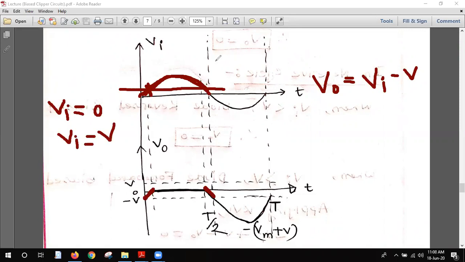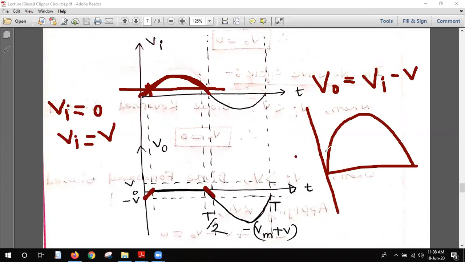I'm drawing this here for your clear understanding one more time. Suppose this is the positive cycle, my student. This is the V and this is the V. The starting point will be Vi equals 0. Here, this point, I'm using a different color.